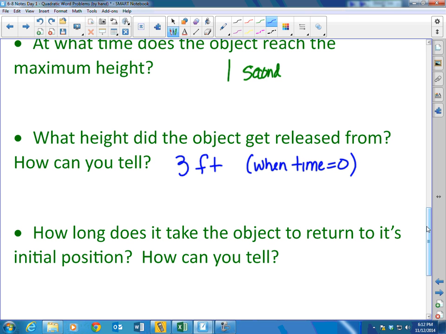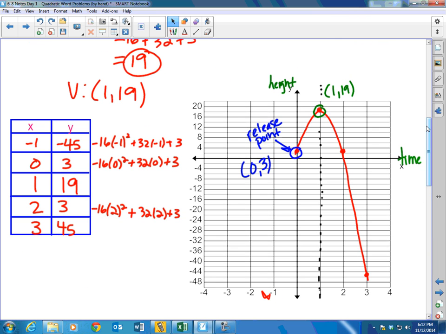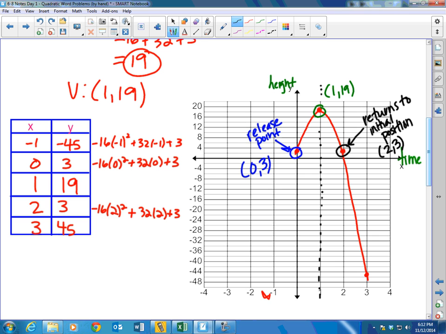Okay. How long does the object take to return to its initial position? So if I go back up here, this point right here is where it returns to its initial position. Okay, that's the key point. At that coordinate, we know that x is 2 and y is 3.